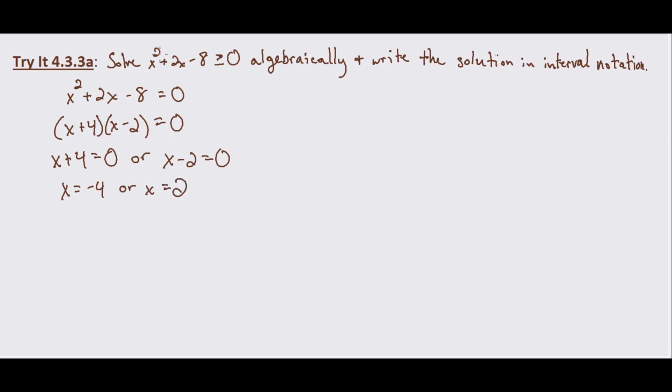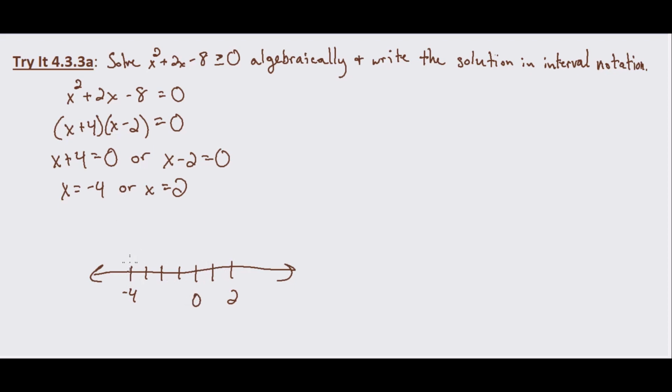So that's going to create three different intervals. Let's start with negative 4 down here. So negative 4, negative 3, negative 2, negative 1, 0, 1, 2. And again, this is going to be 0 here.